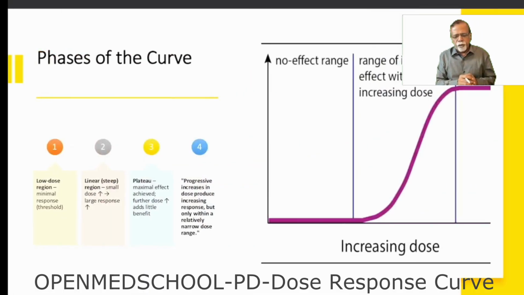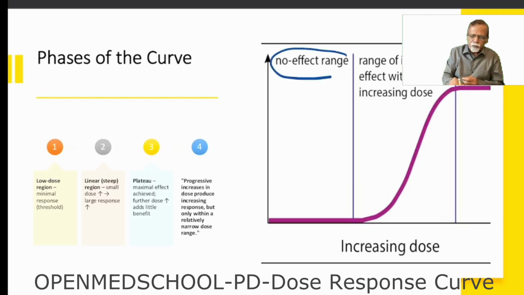Now we'll look a little more into the curve. The curve has certain phases. In the initial phase, there is no effect at all. For example, if you are giving paracetamol for pain and the dose is too small, it will not produce any response. Then as the dose increases, there is a sharp increase in the response.